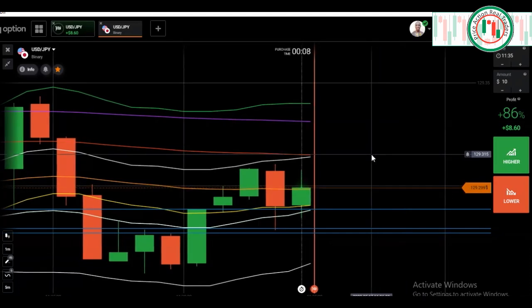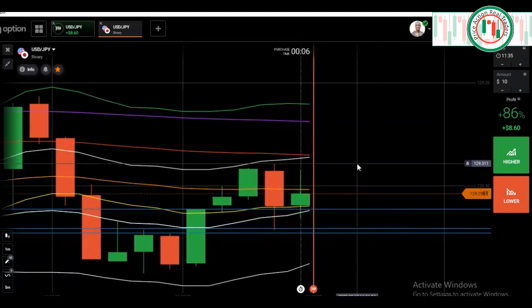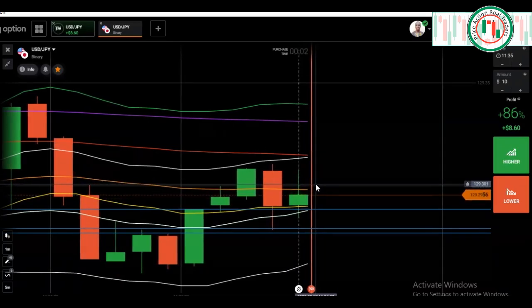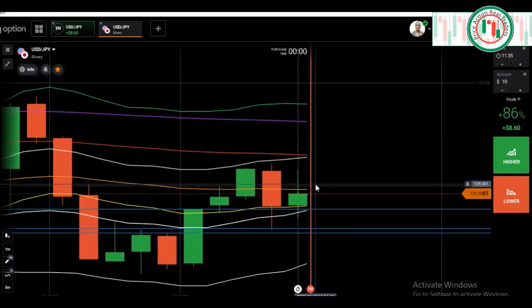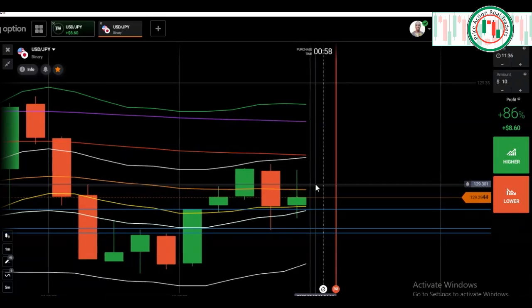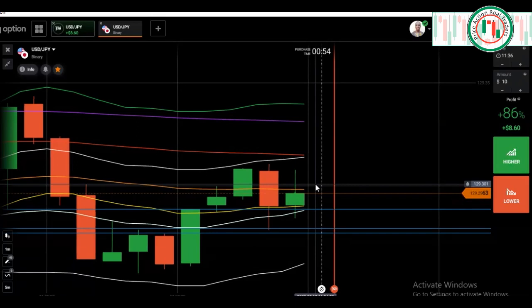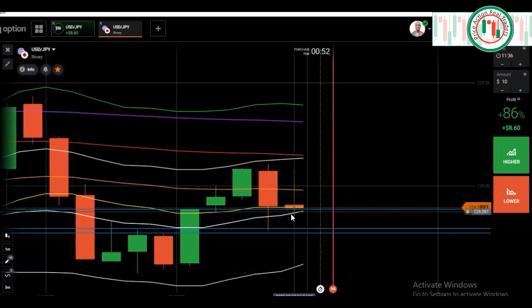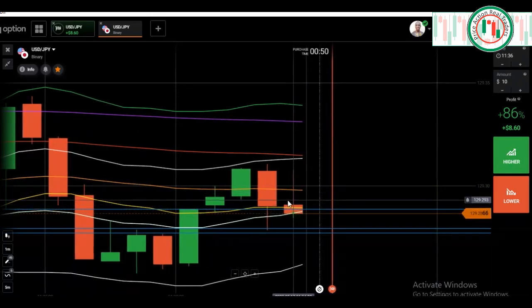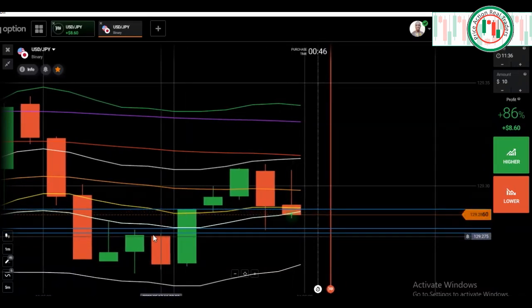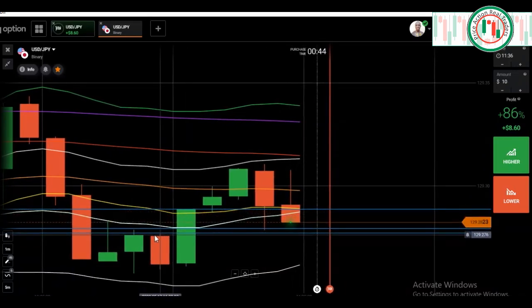Let's see. Let us wait. See, the market is trying to reverse, but you see sellers entry. And you see the market has rejected from this zone.